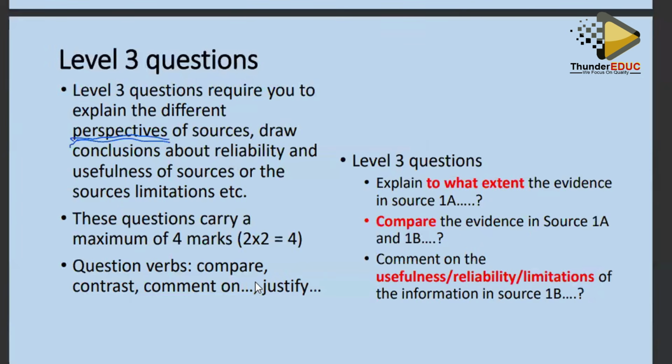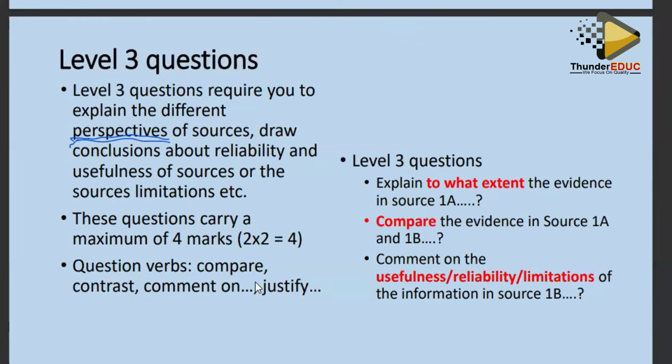So we as historians in the making must be able to figure out and see who is more reliable than the other among these historians, or which source is more useful than the other among these sources that are provided. Which source has got limitations and what limitations are there? Can we safely rely on this particular source?